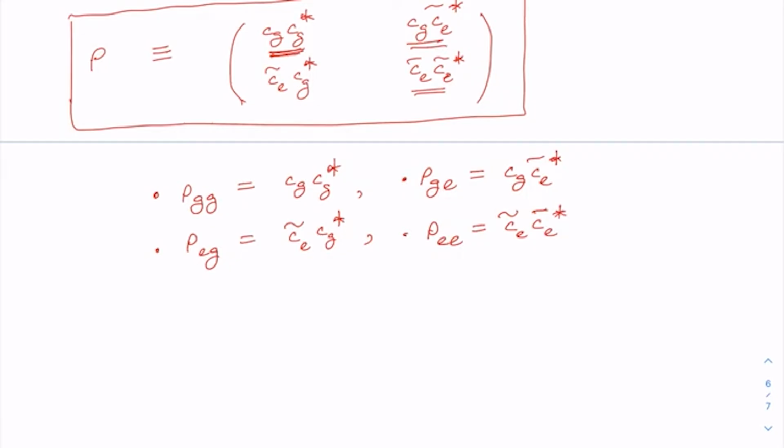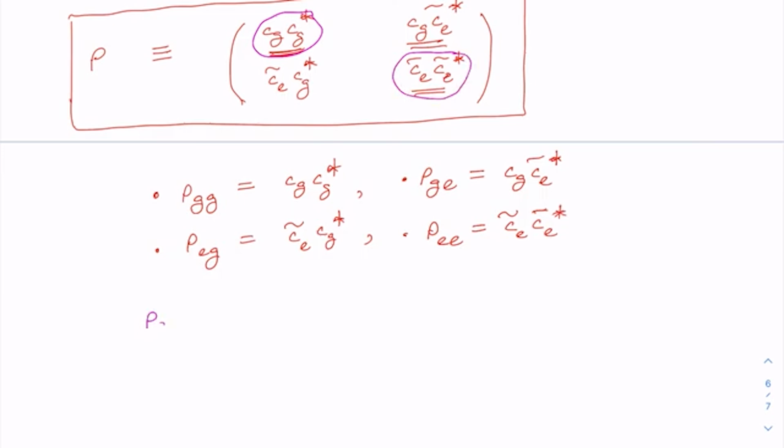First of all, if you look at the diagonal elements of the matrix, this represents the probabilities.